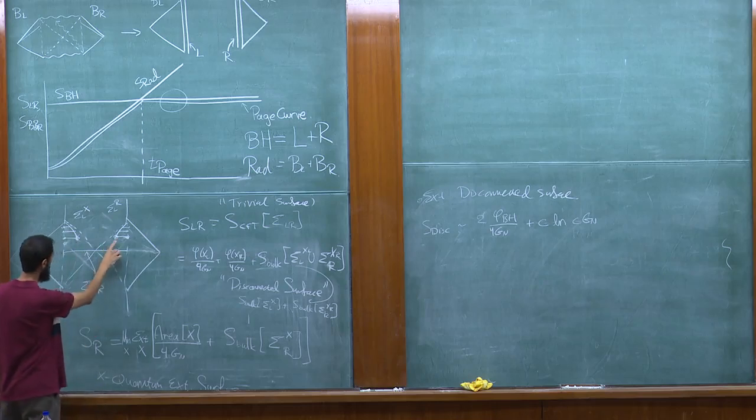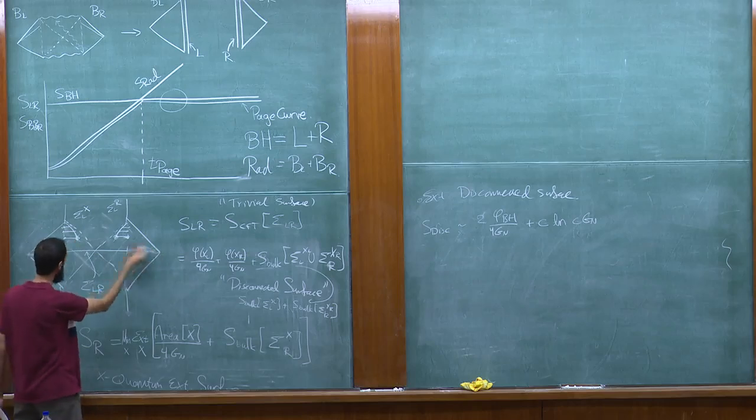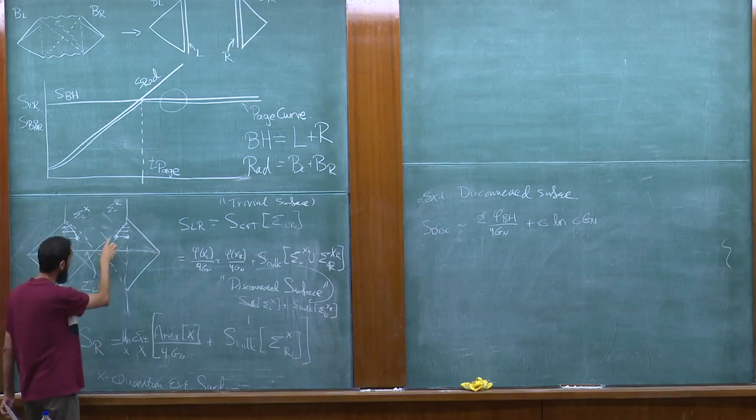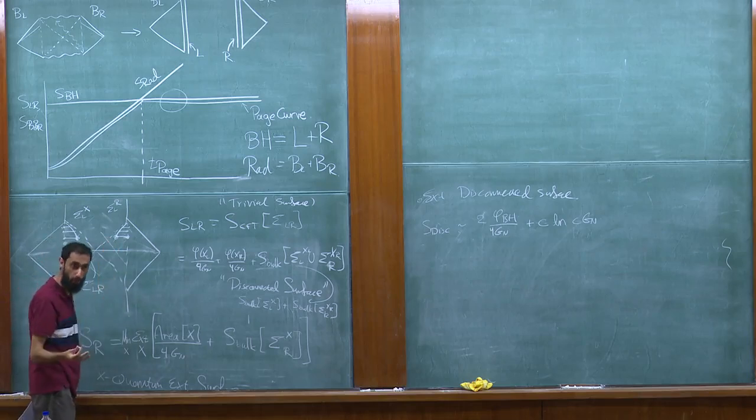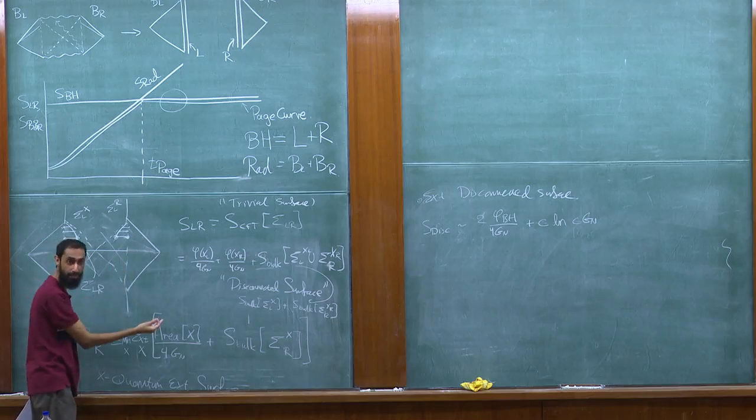So naively you might have said that LR is dual only to the union of this region and this region, and somehow the bath is dual to everything else. But I could have sent a signal from, let's say, the right boundary that propagates here. So it seems like I can affect this region, which is supposed to be dual to the bath. Is that not a contradiction? The answer is no, because in this setup the bath and the right are actually interacting.